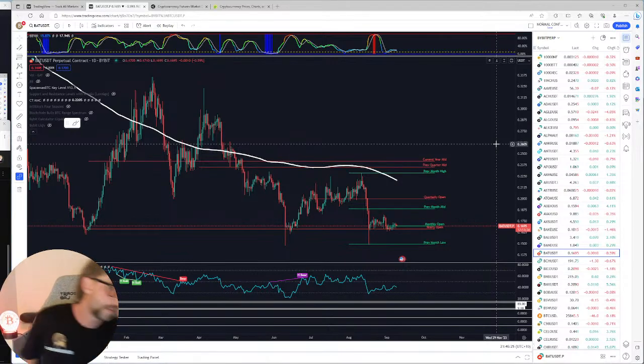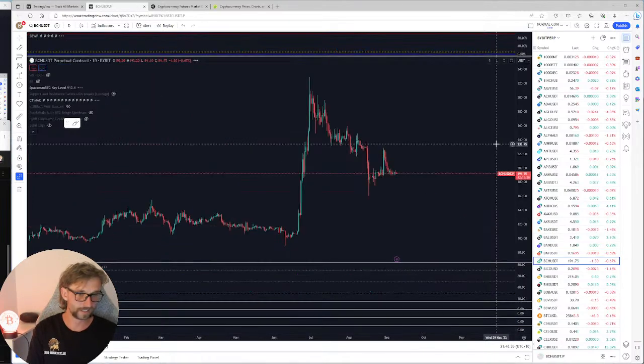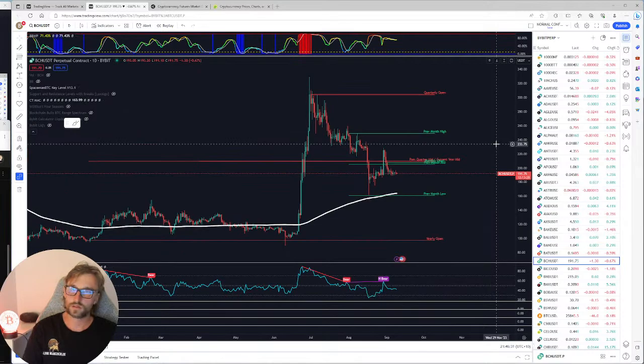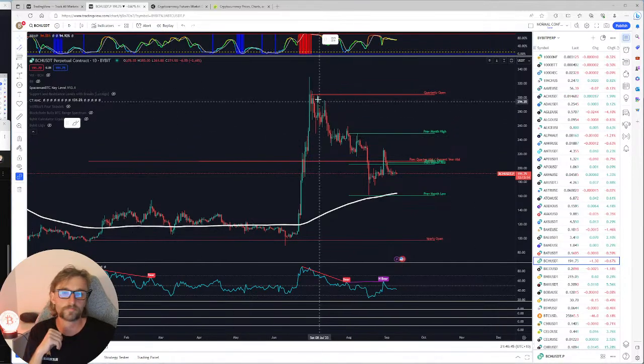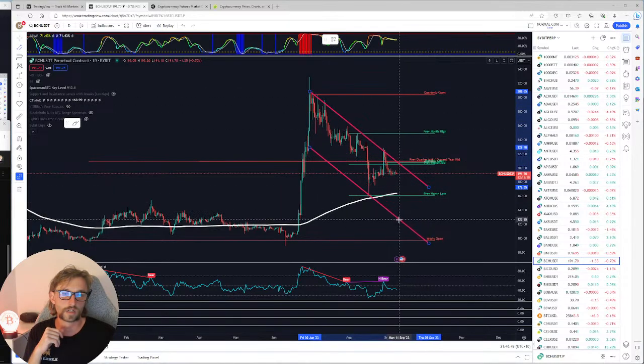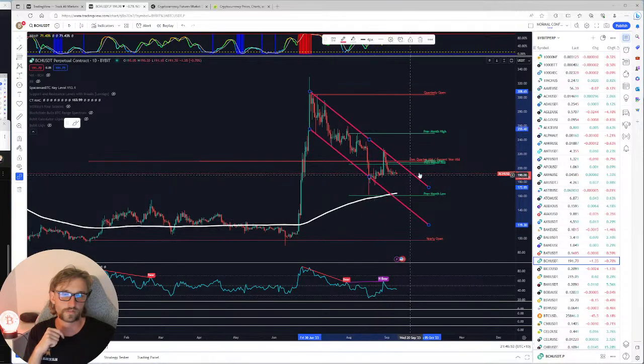BAT, the dude that created Firefox or whatever. Ooh. What a fucked up chart. Bitcoin Cash. Oh shit, man. Fuck.